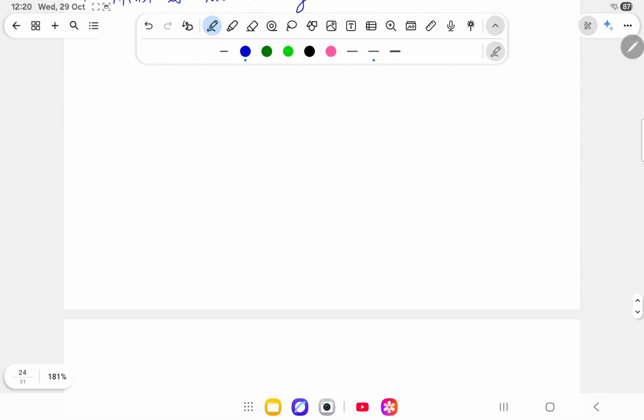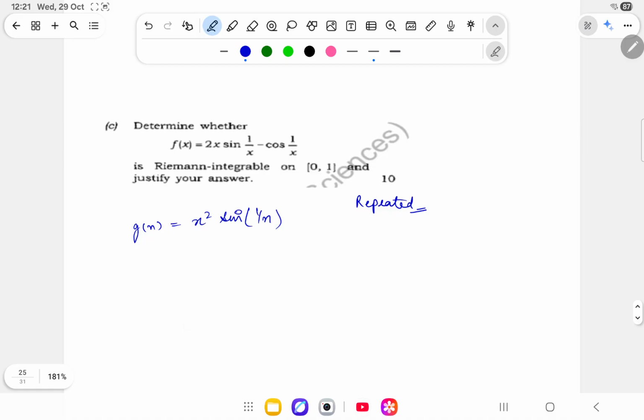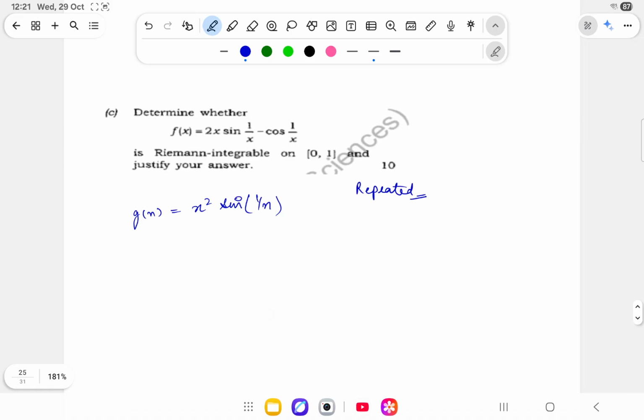Now let's move on to discuss the next question. This is a repeated question. We have discussed it in the previous video. We'll get a function g x as something like this, x square sine 1 by x, and then we can use the fundamental theorem of calculus. Using that we can show this function g x will hold this relation, and then we can use the fundamental theorem of calculus.